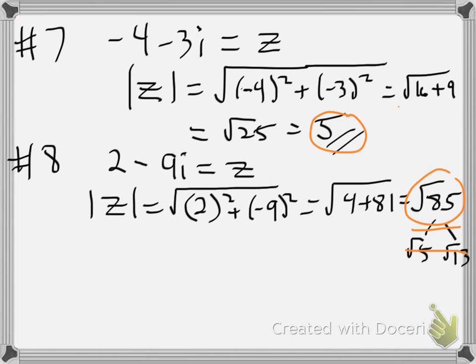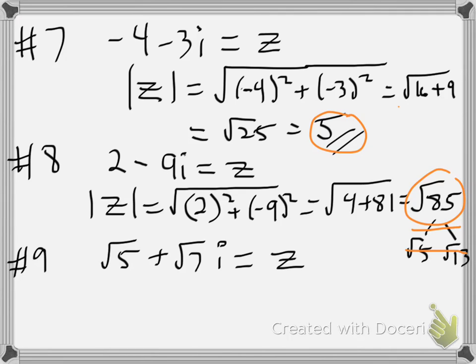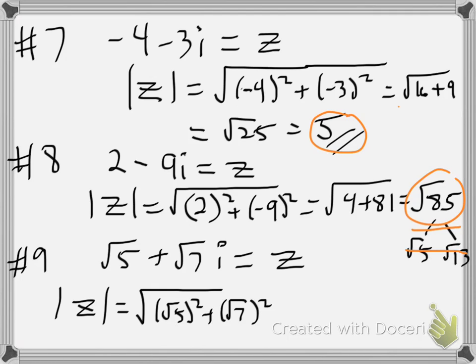Okay, and the last one was number 9, and it was the square root of 5 plus the square root of 7 i. That's z, so I'm going to take the absolute value of it. We get the square root of the square root of 5 squared plus the square root of 7 squared.